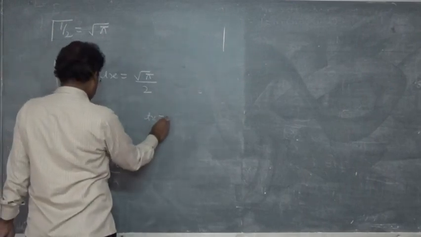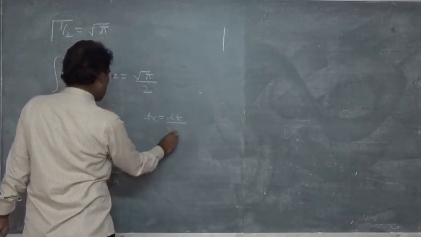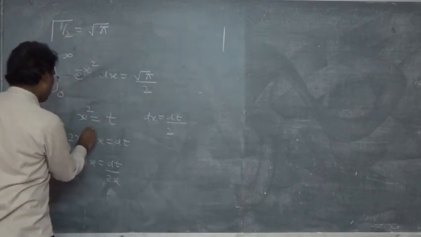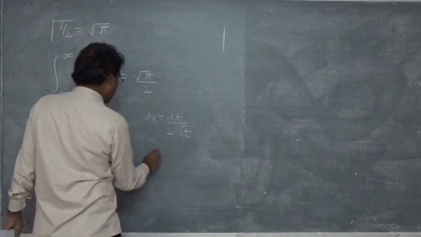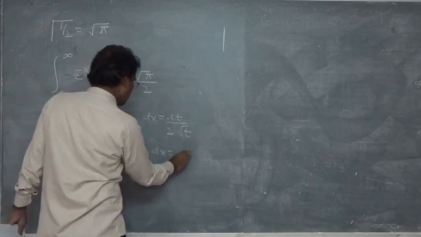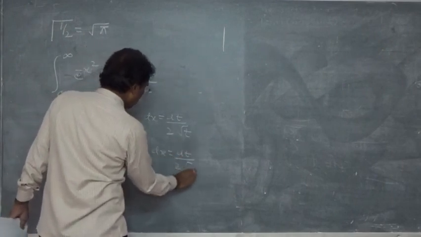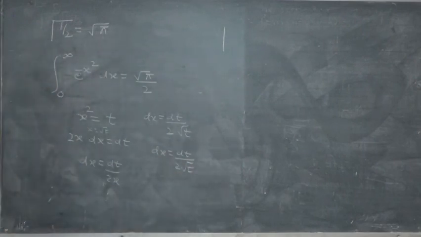X square is t, therefore x is definitely root t, so dx is equal to dt by 2 root t.